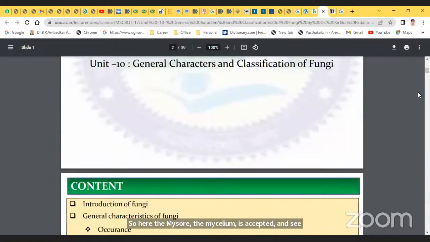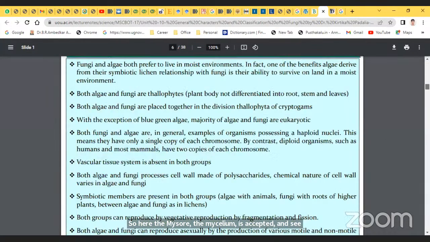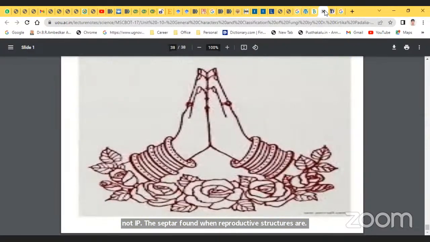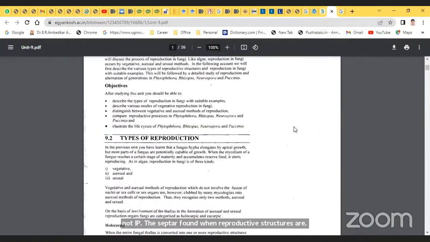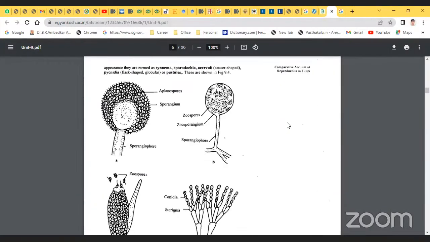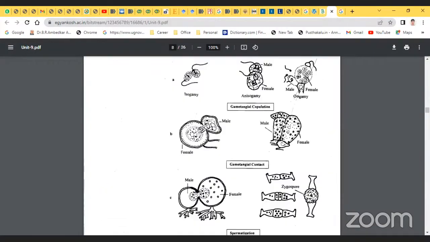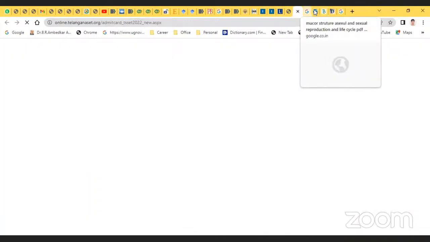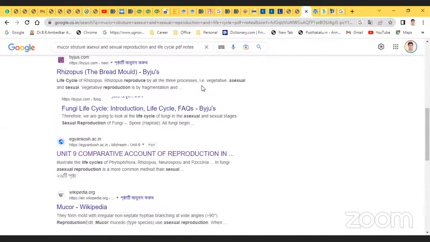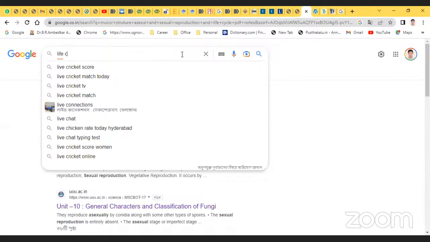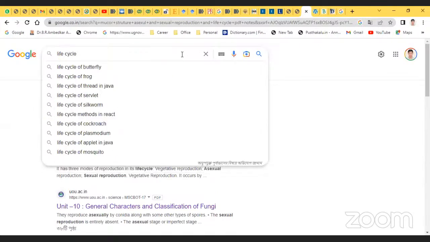The septa are found when reproductive structures are developed. Just wait, I will try the life cycle of Mucor.